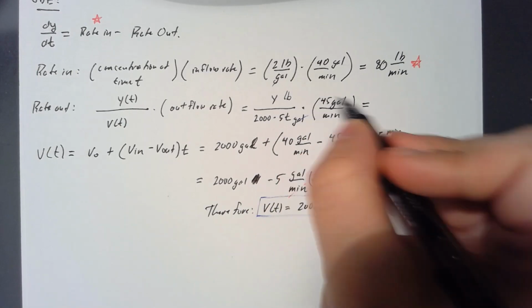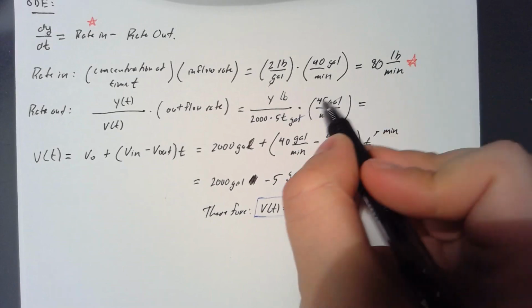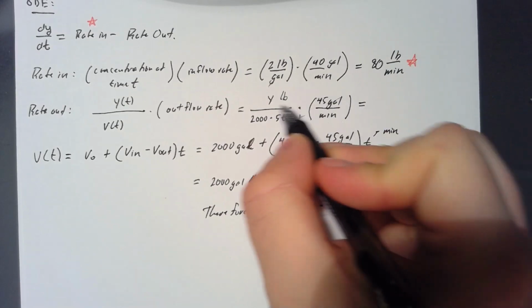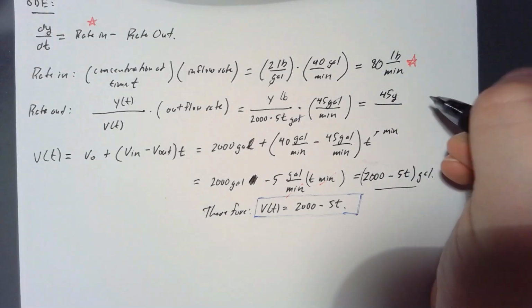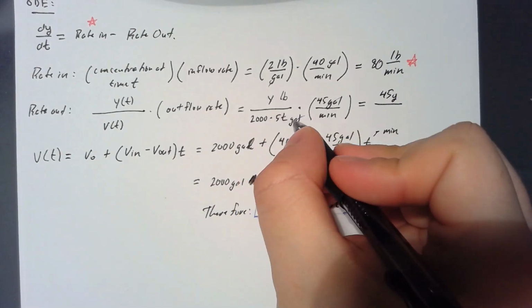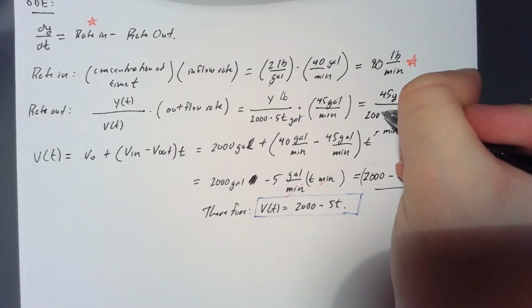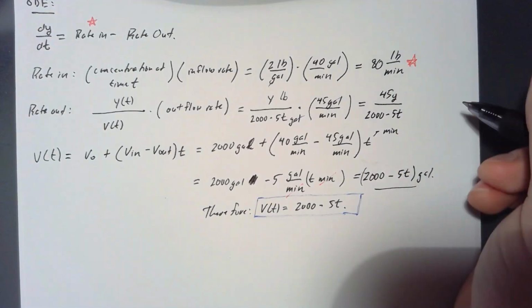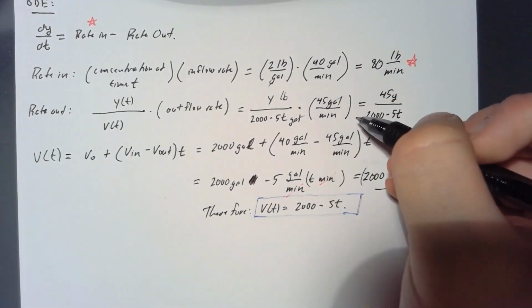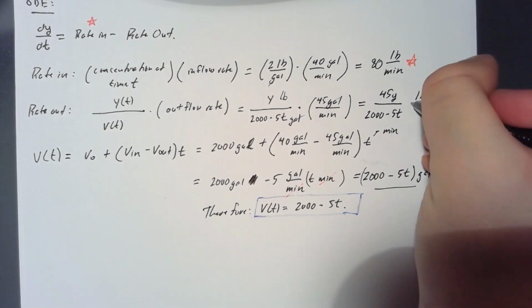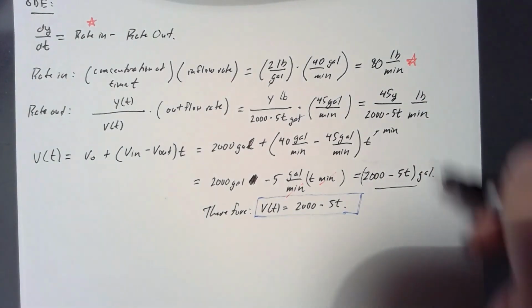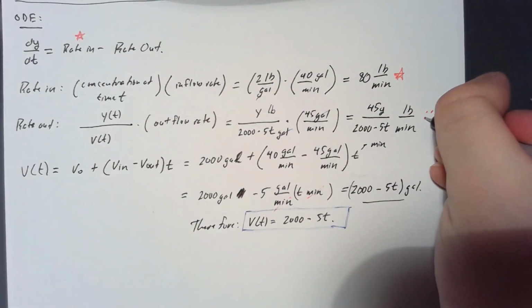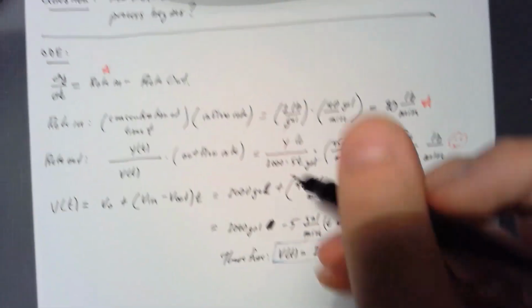Well, no, I'm not just going to get y. I have a 45 here, right? I'm going to get 45 times y all over 2,000 minus 5t. And like I said, the units of that are in pounds per minute. So that right there is my next term that I needed, which is right here.